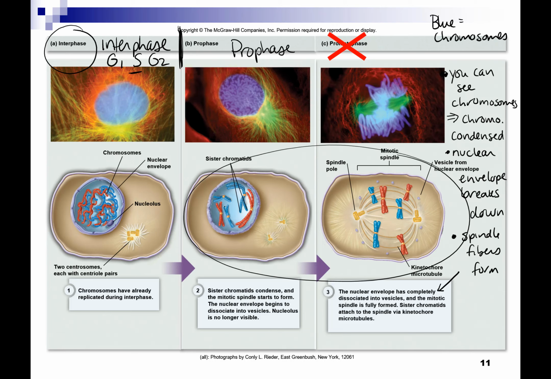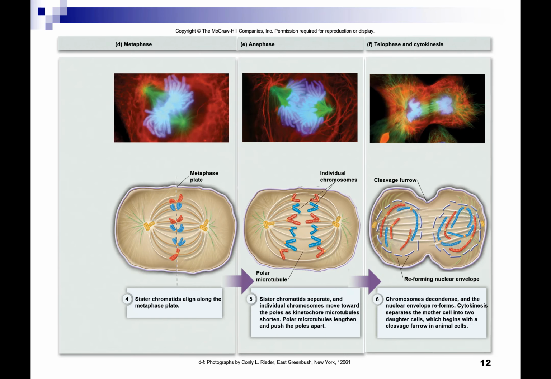So in these images, the green is representing, or is the staining of, the centrosome. So you can kind of see this area, and the green is also representing those spindle fibers. So they're starting to form, they're starting to connect to the chromosomes or the sister chromatids, right? And they're going to do a little tug of war until everything lines up in the middle, and that is then called metaphase.